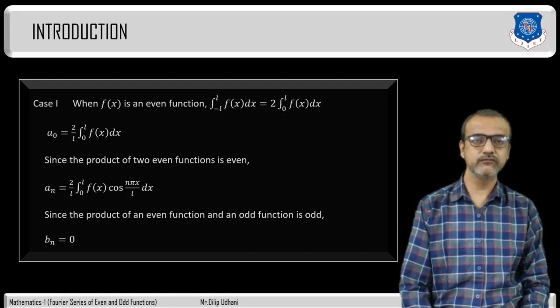So integration from -L to L of f(x) sin(n pi x/L) dx will become 0. So we have bn = 0. So whenever you are given that f(x) is an even function, you have to find out only a0 and an, and bn will be 0.